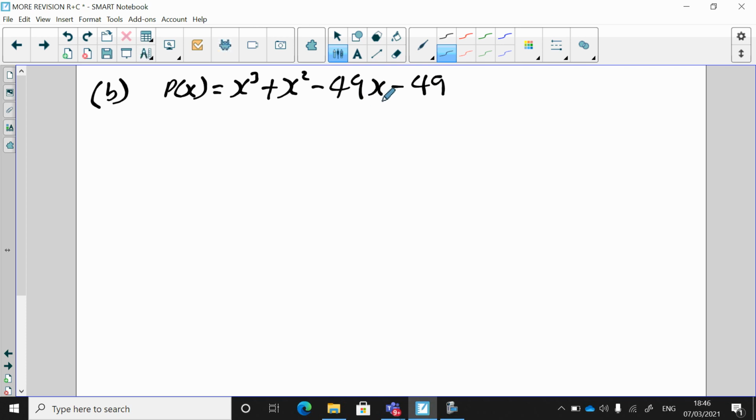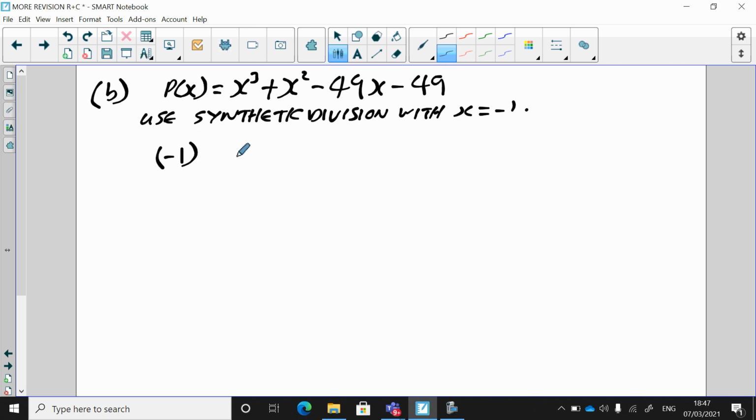Okay. So I'm going to use synthetic division because you haven't been shown polynomial long division. And I'm going to use x equals -1 here. So I'm going to set that up. So I get -1 here. I call that the multiplier.